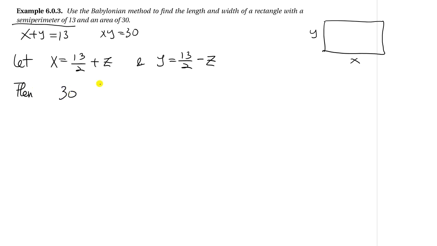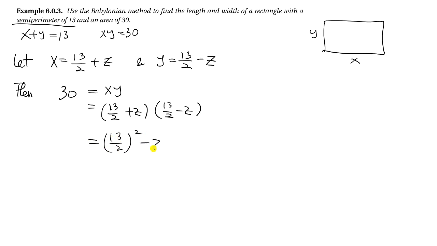So 30, let me write down that one first, is x times y, which is 13 over 2 plus z times 13 over 2 minus z, which is 13 over 2 squared minus z squared. Therefore, z squared is 13 over 2 squared minus 30, right?